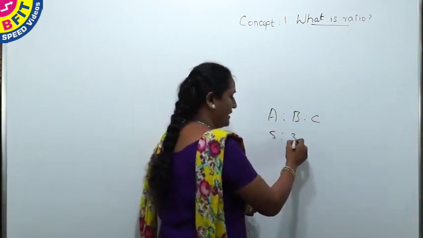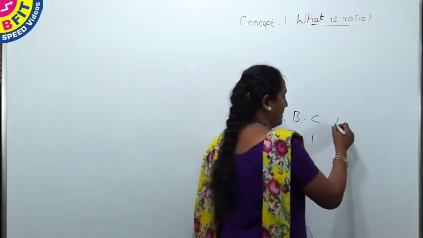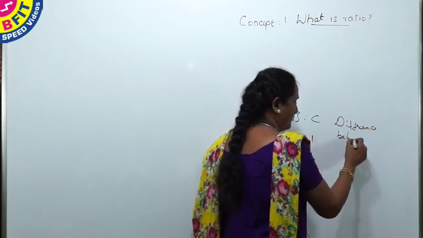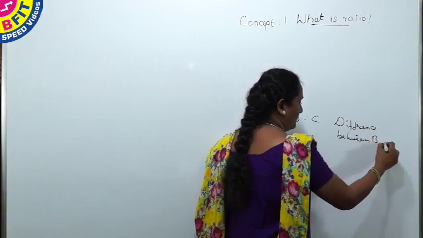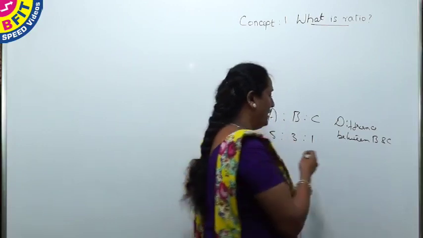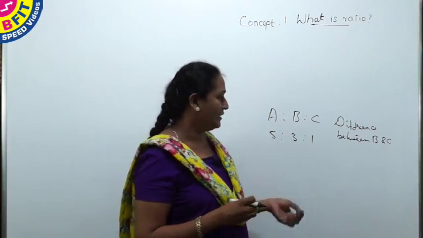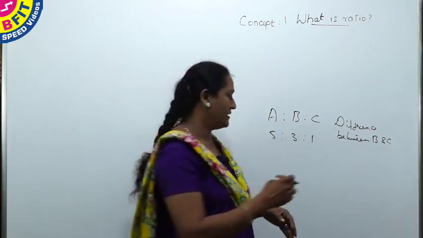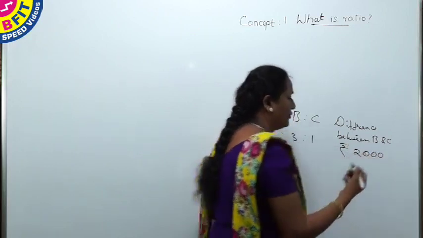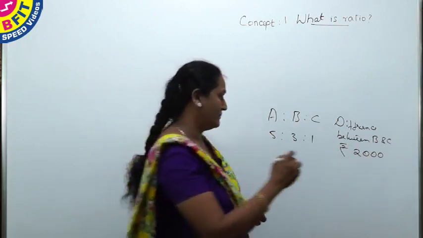The ratio is given as 5:3:1, and the difference between the amounts of B and C, taking their sharing in rupees, is given as rupees 2000. So what will be the amount got by A and B together?